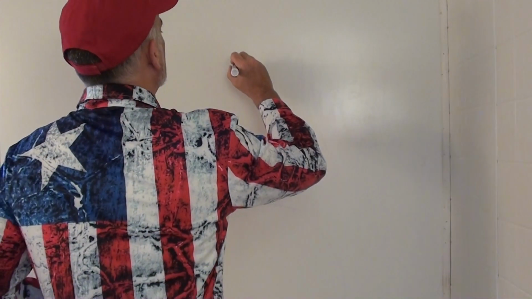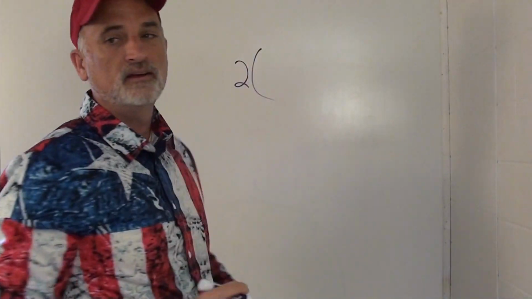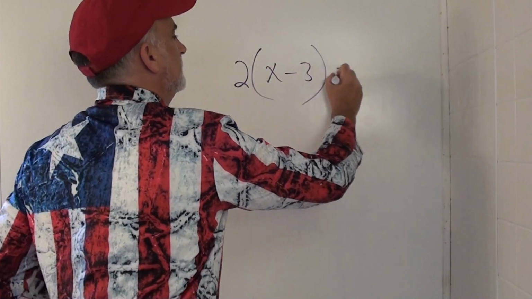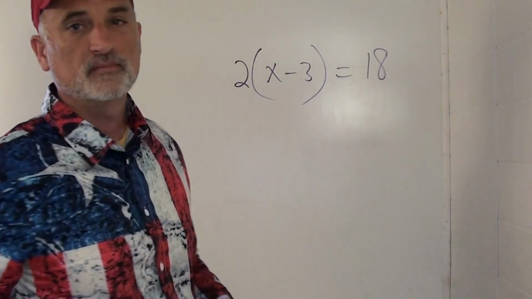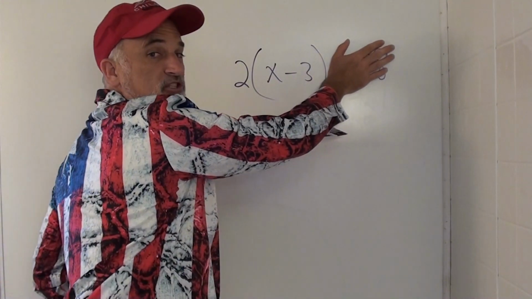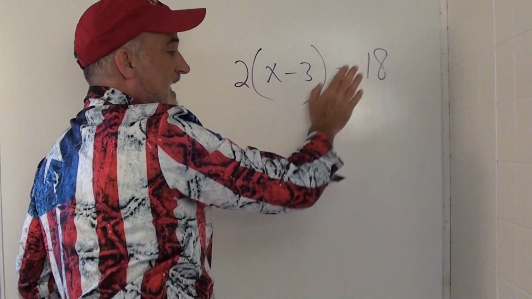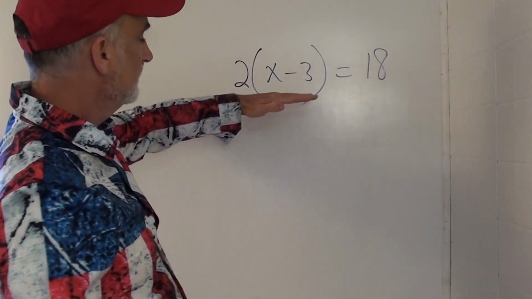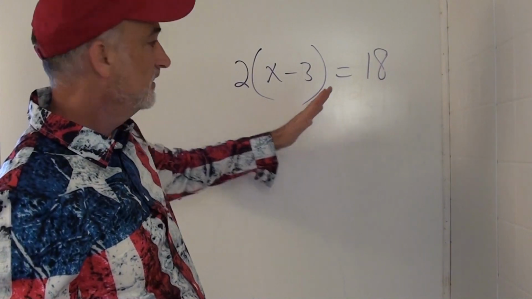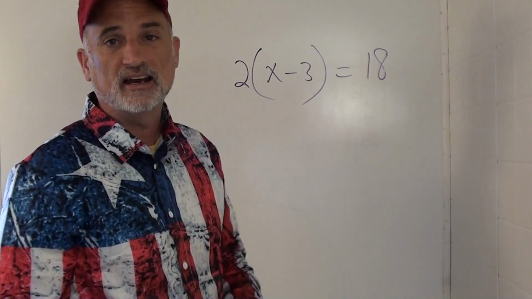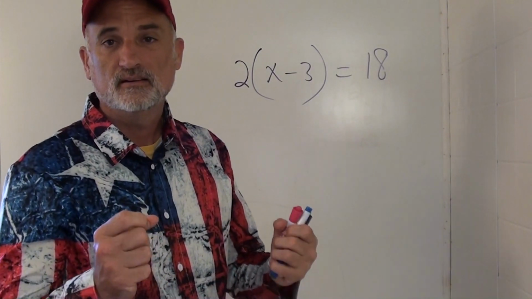So let's take a look at this. Okay? 2 times x minus 3 equals 18. Okay, now look. That was an expression. Now it's an equation. When it's an equation, the left side of the equal sign and the right side of the equal sign have to be equal.